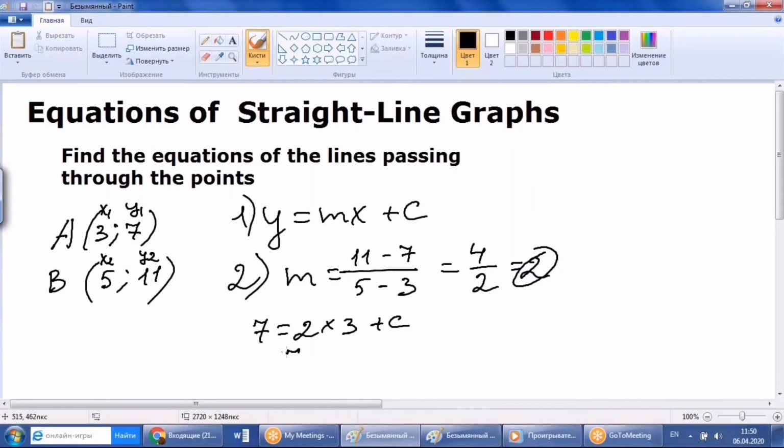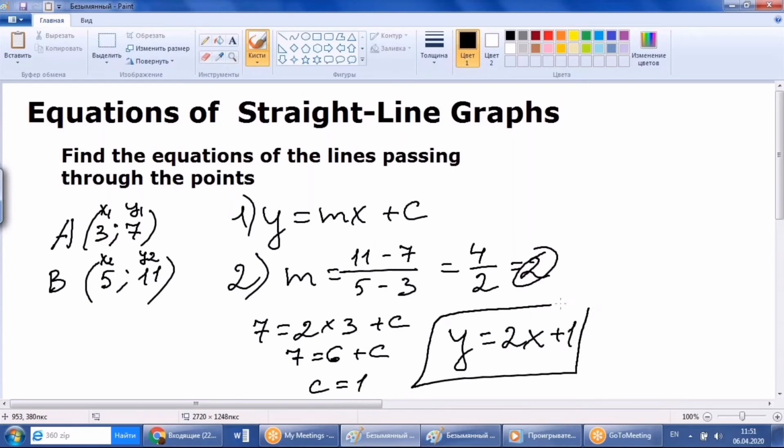So 7 is equal to 6 plus c, so c is equal to 1. So our equation is y equals 2x plus 1. This is the equation of a straight line.